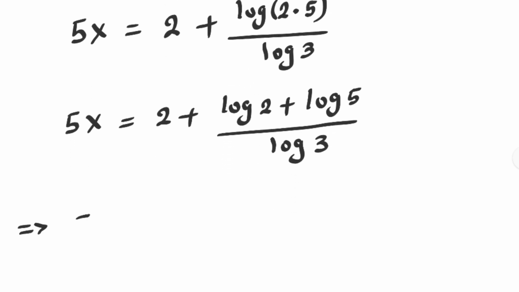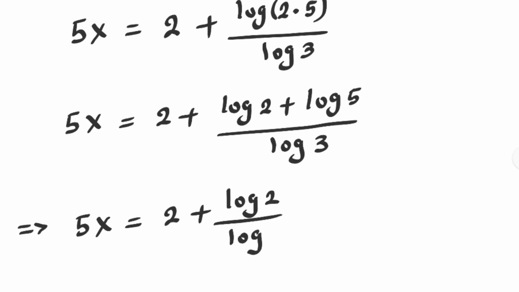This can be written as 5x is equal to 2 plus log 2 divided by log 3 plus log 5 divided by log 3.